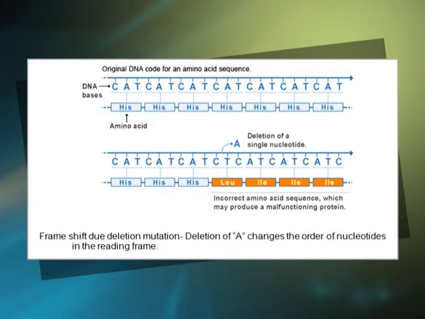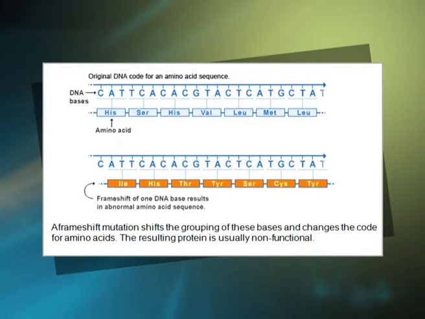Deletion of A changes the order of nucleotides in the reading frame. In this figure, you can see a frame shift mutation shifts the grouping of these bases and changes the code for amino acids. The resulting protein is usually non-functional.